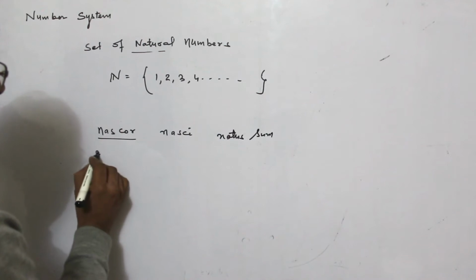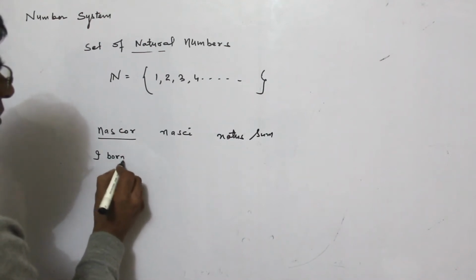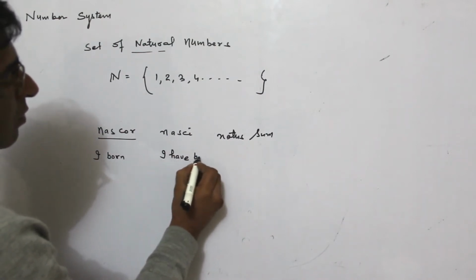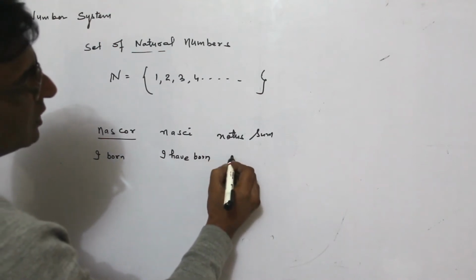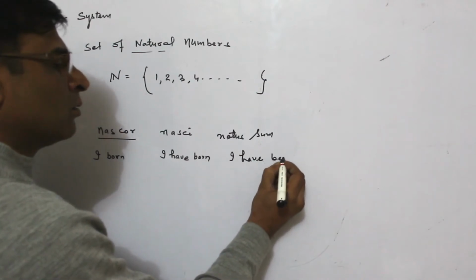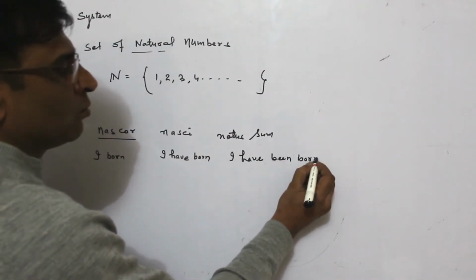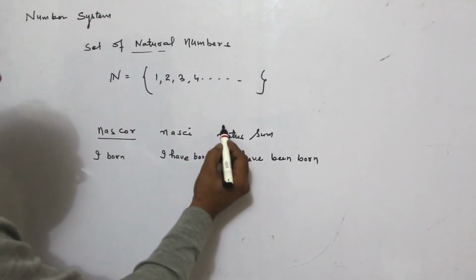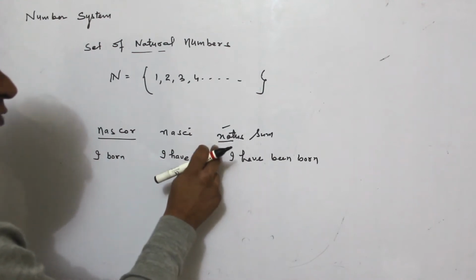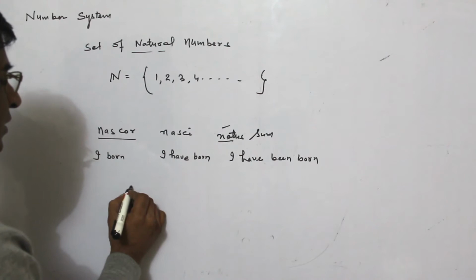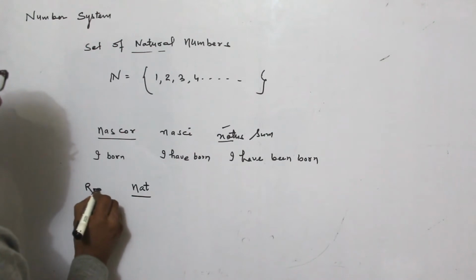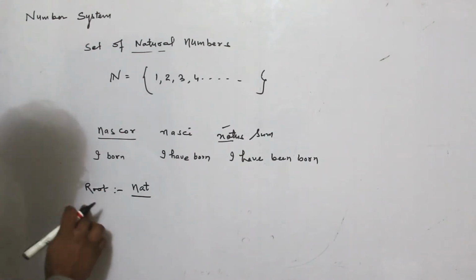Nascere means I am born, and the passive means I have been born. So the root in this verb part is "nat". In Sanskrit, we would call it a dhatu.